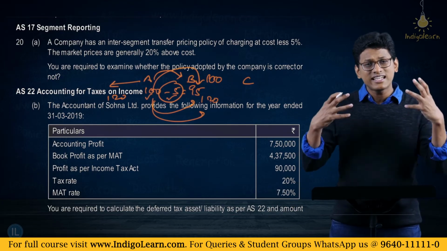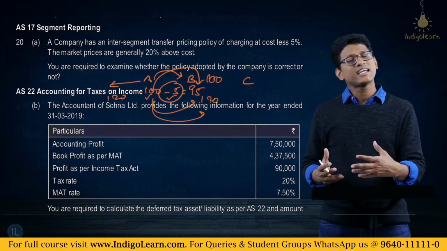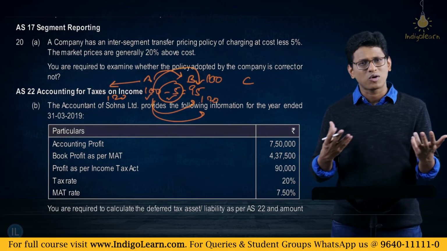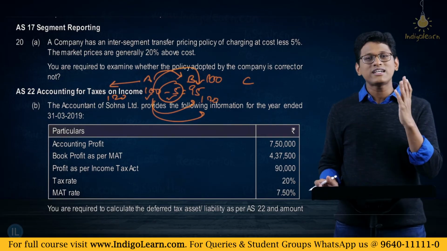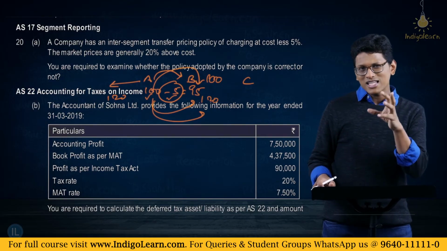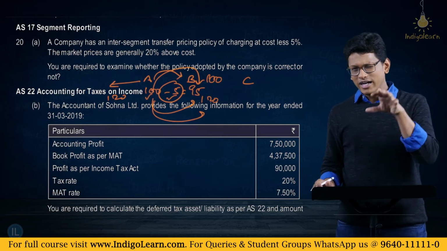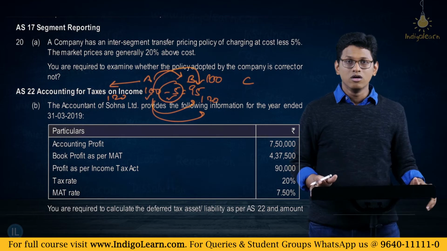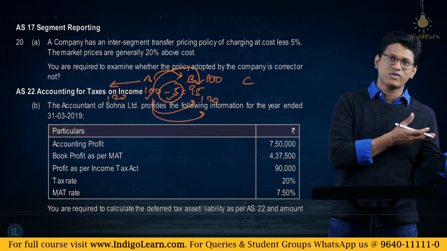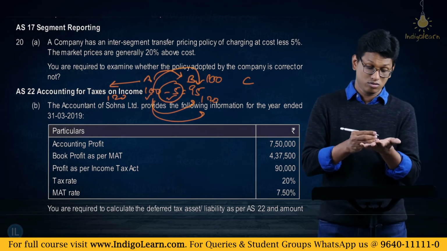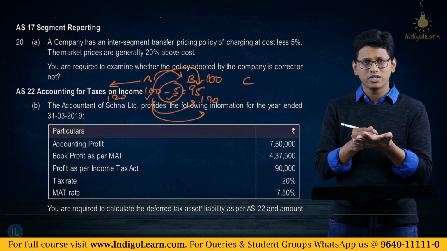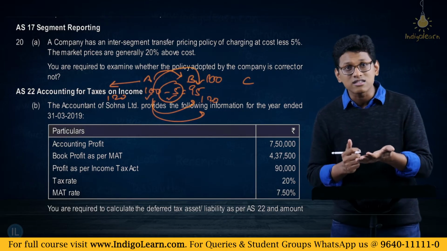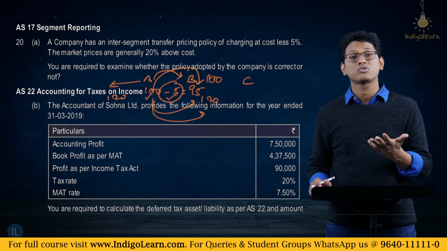It is an internal transfer. It can be at any other price. There is no problem. But what is the important element? The examiner tries to trap you, at least. You people will not get trapped. They try to trap us by saying, hey, cost is 100. How can I transfer it at 95? Come on, all our answers will say, no, it can't be possible, we shouldn't do it, wrong. Like this, we'll write answers. That's not exactly what you're supposed to do.